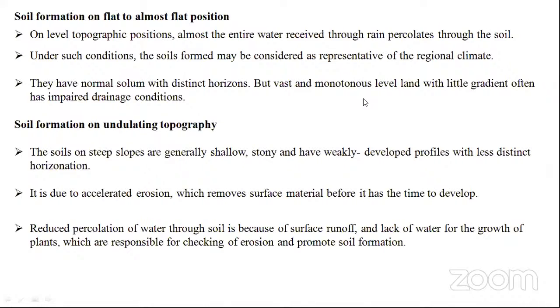I think Ramya should know. Ramya, have you ever visited the Nilgiris, Ooty, Kodaikanal? So in Kodaikanal, how are the soils, how are the conditions? While going in a vehicle, you can see very steep slopes. You can see some small stones. Soil was not there.